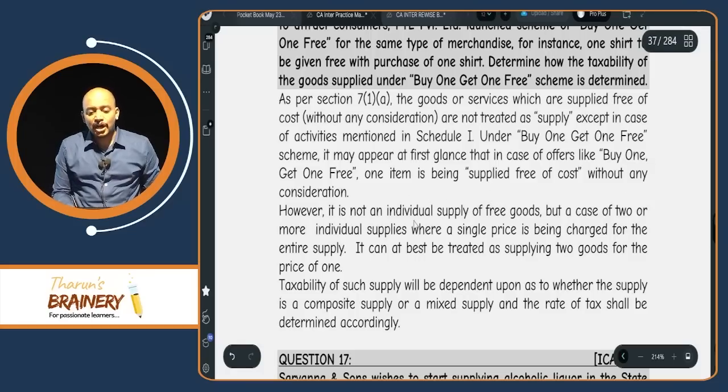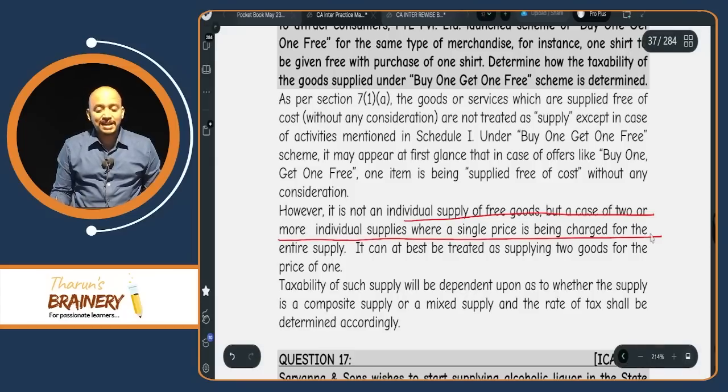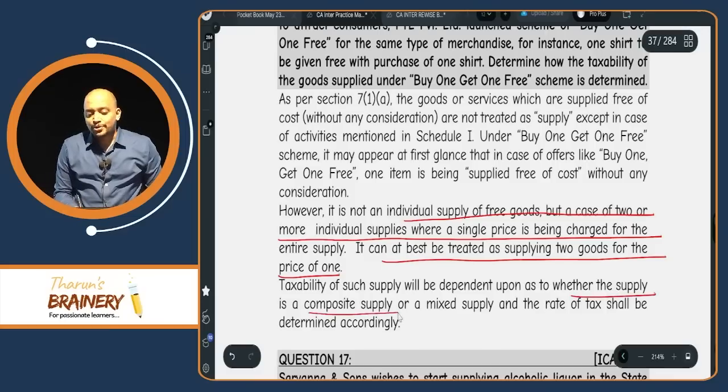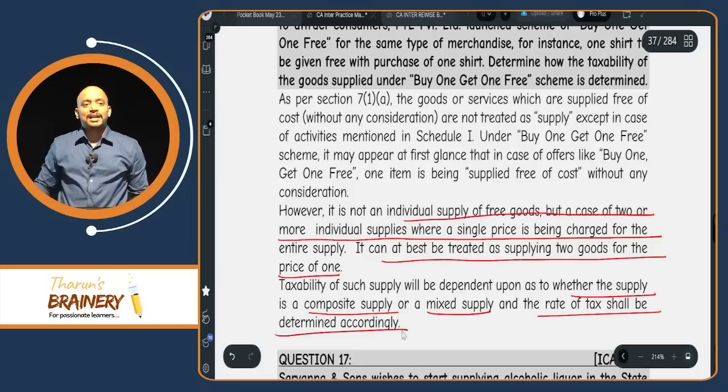However, it is not individual supply of free goods, but a case of 2 or more individual supplies where a single price is being charged. It can best be treated as supply of goods for a price of 1, and taxability of such supply will depend upon whether it is composite supply or mixed supply, and the rate of tax shall be determined accordingly.